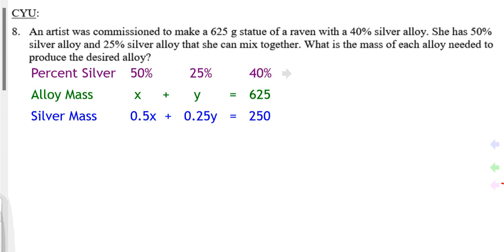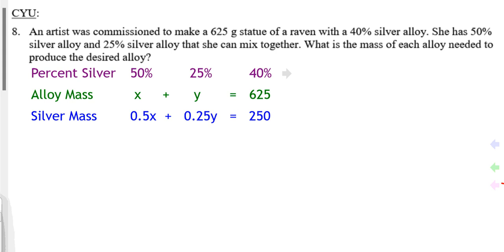Here's my setup. So once again, we have percentages of a certain substance. In this case, it's silver. But then we have some alloys, which are mixtures of metals. So the 50% silver alloy means that half of that mass is pure silver.